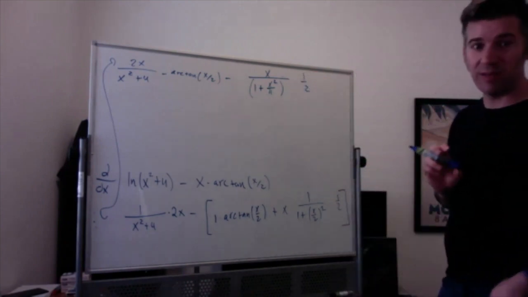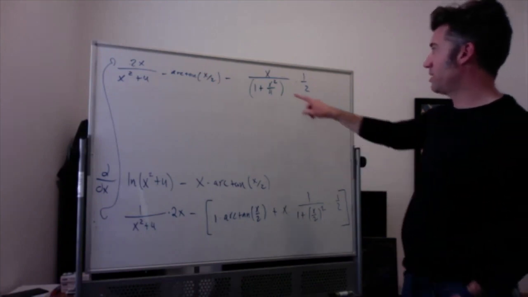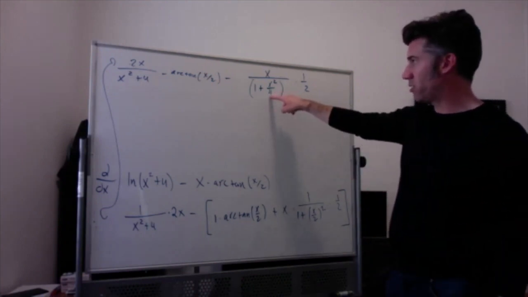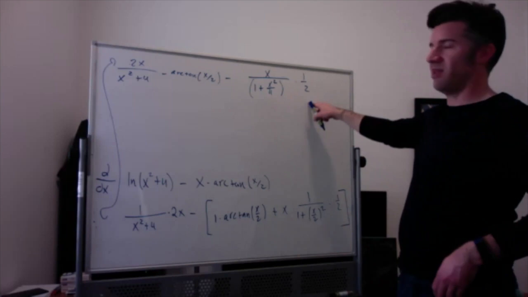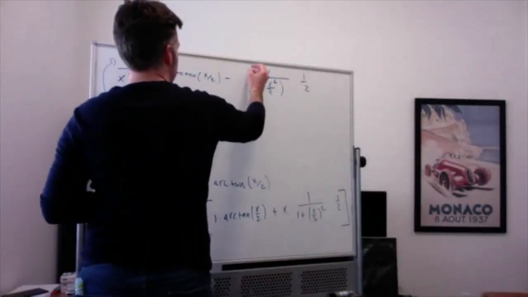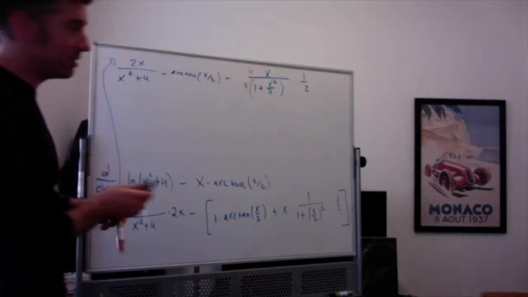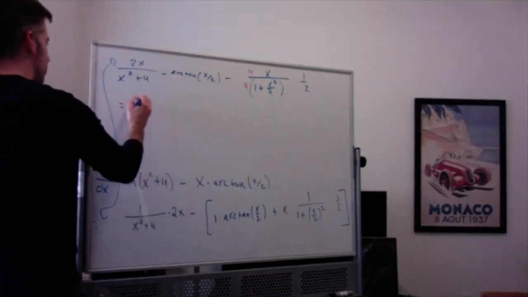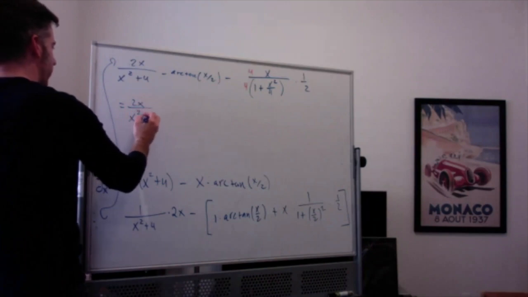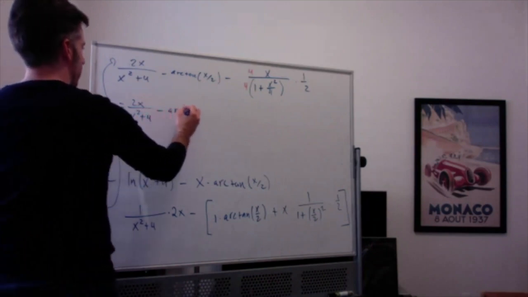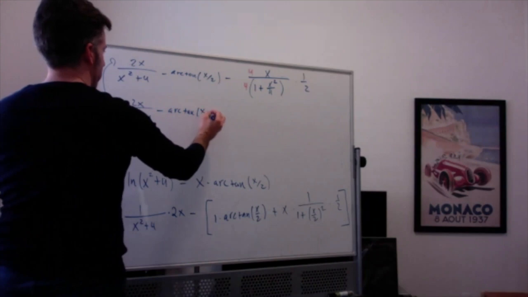Yeah, so here's what I'm going to do. I really want to get rid of that 4. So I would multiply this by 4 over 4. And look what happens. I get 2x over x squared plus 4 minus arctangent of x over 2.